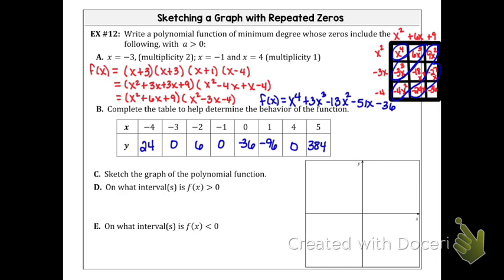Then C wants me to sketch this. So these are just going to be my ones.